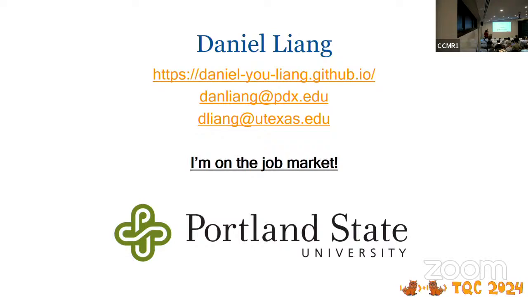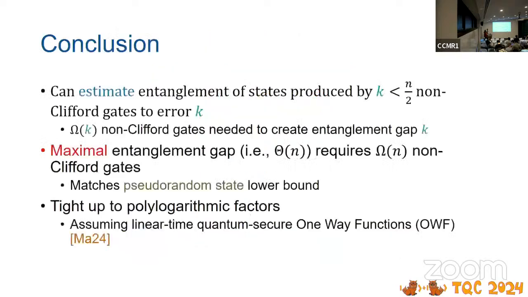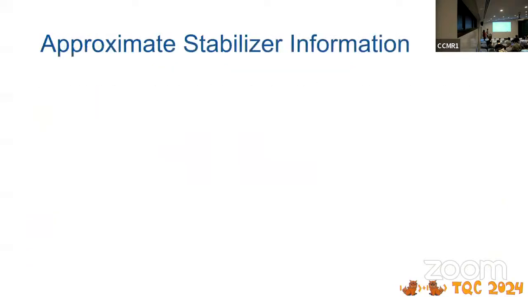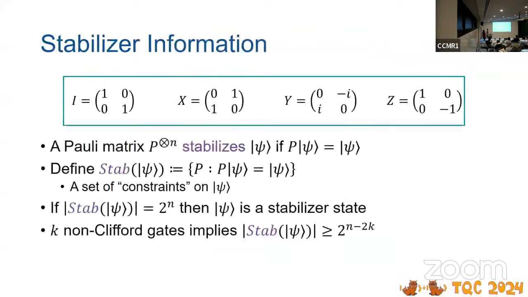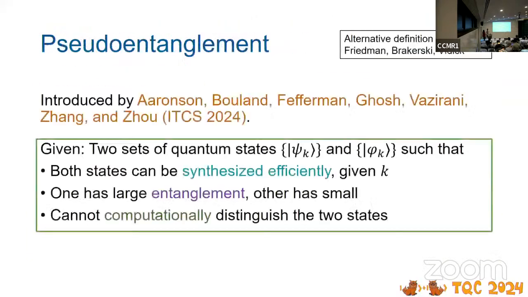Yeah, maybe the authors are here, but I think this is not the Bolin et al. definition from what I recall. There's the other definition from Arnon, Friedman, and Vidick. What is the other definition? How does it differ? Right.